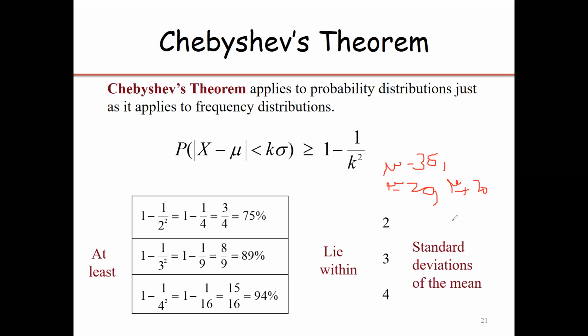In these intervals, the share of your observations that will lie is greater than or equal to these numbers. The word at least is used, so there is no need to write greater than or equal to. I think it is correct. So you can have these probabilities. Now coming to the next slide.